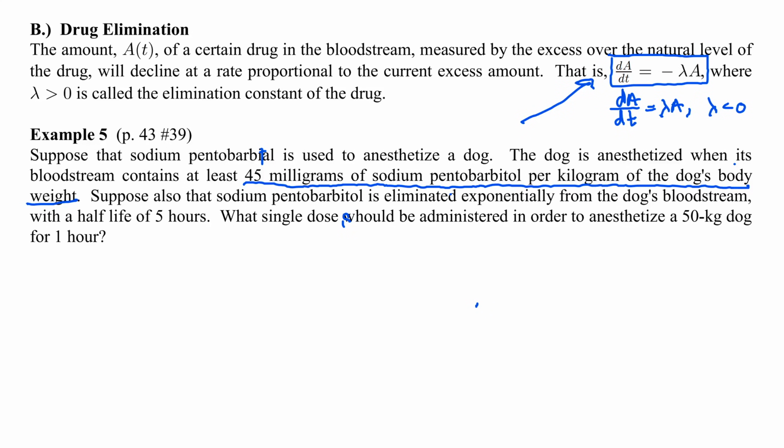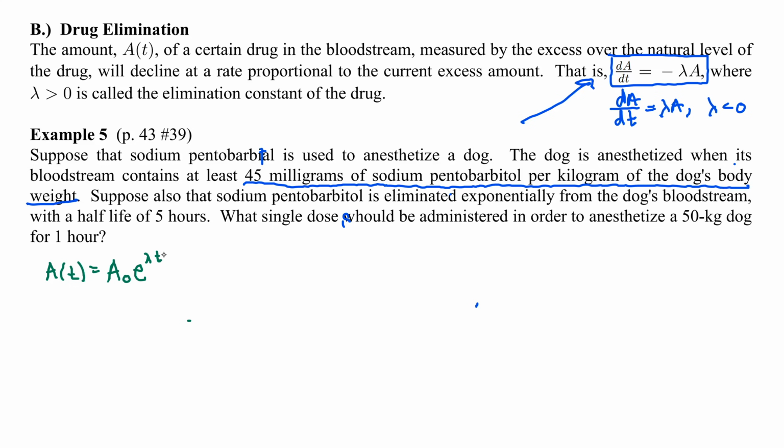So looking at our model, we can make an assumption about the solution, or we could certainly solve it by separation of variables. We'd end up with A of t equals an initial amount, A naught, e to the lambda t. Okay, this is the same solution that we've been looking at over and over again. We're just changing the details. So instead of dependent variable x or n, our dependent variable now is A. Our independent variable is t.